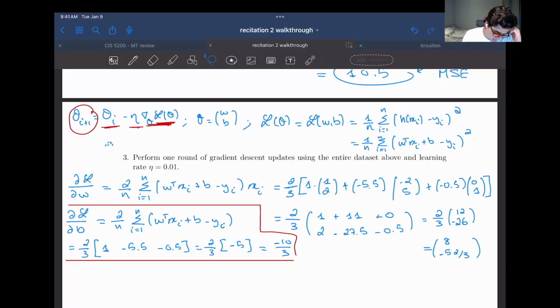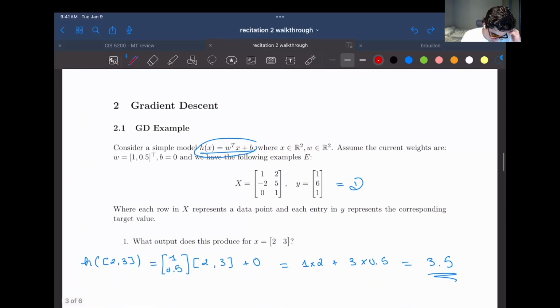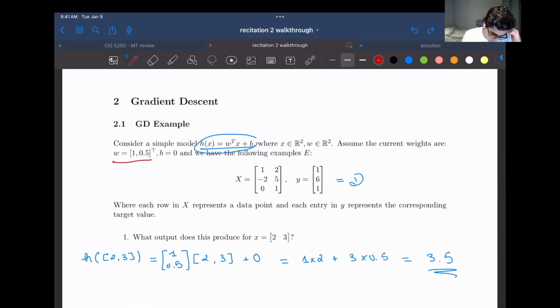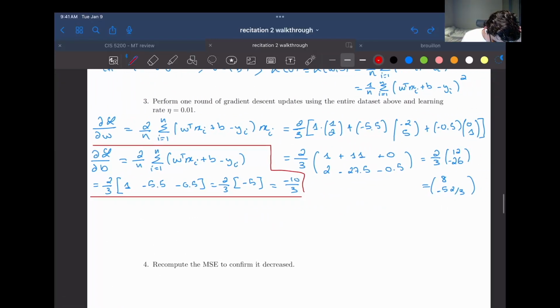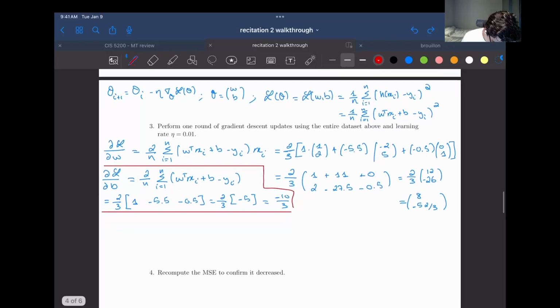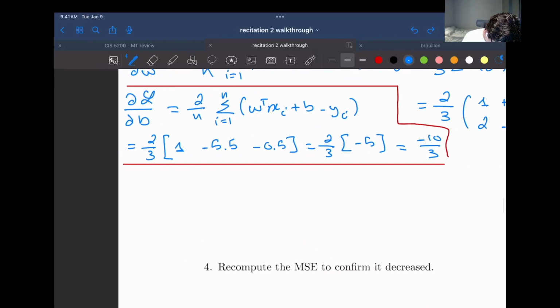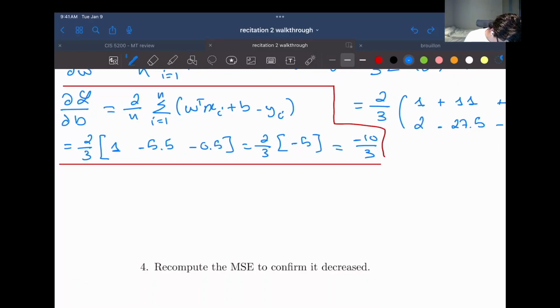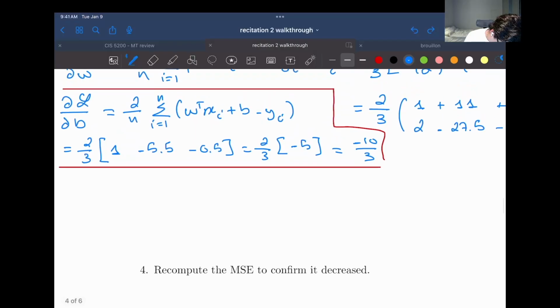This guy here is just the current parameters we have, W and B. And so we want to update each of the W's and B's, right? Probably you can do it together, but let's do it one by one.